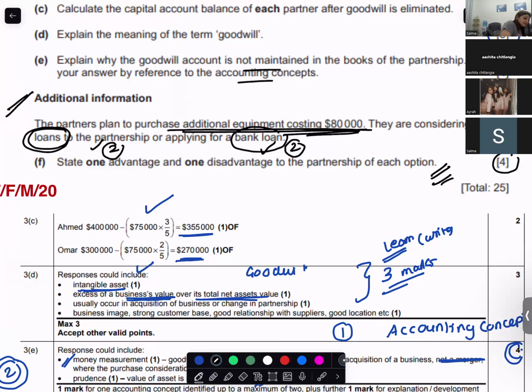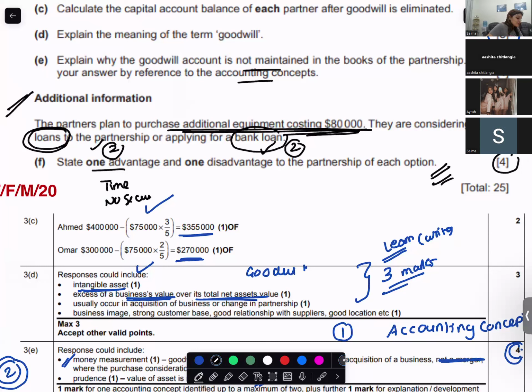Time is saved, no security to give. What is the disadvantage if you take a loan from partners? It can cause disputes within partners. Why? One partner can think, oh, I'm so superior, because of me the business is working, and why is the other partner taking interest?